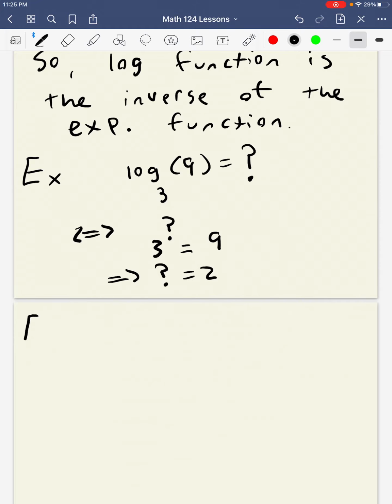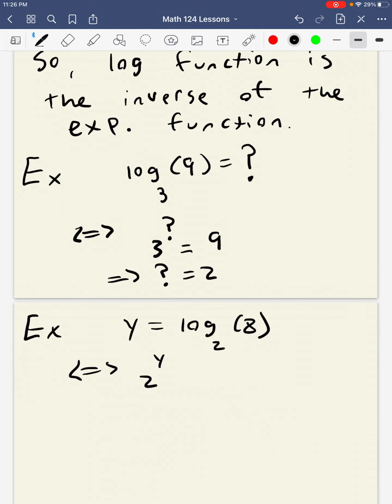So maybe a few more examples until you get the hang of this. Let's say y equals log base 2 of 8. Well, that's equivalent to saying 2 raised to some unknown y equals 8.